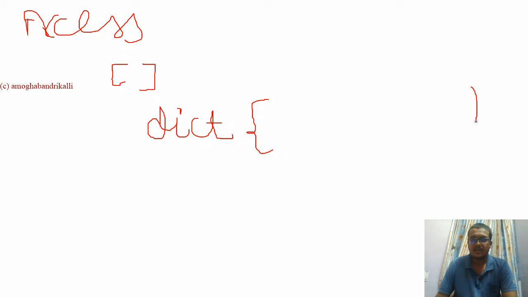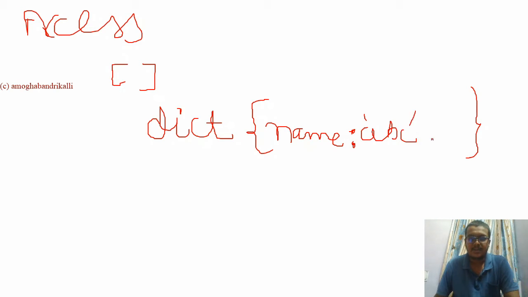First you need to create a dictionary. In a dictionary we have two parts: the first one is a key and the second one is a value for it. A key is common and it will be unique. The key is given with a colon and the value has something inside it.